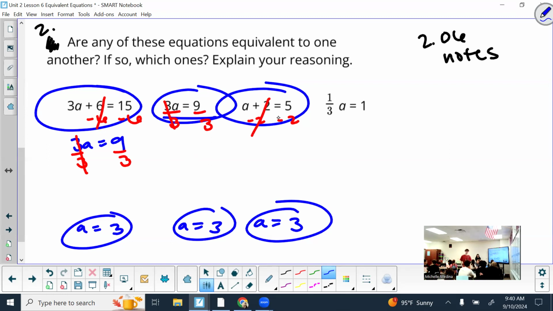Okay. Table 5. If I were to isolate and solve for this one using the same way that they knew that these were equivalent, how can I isolate this A? What's something I can do?